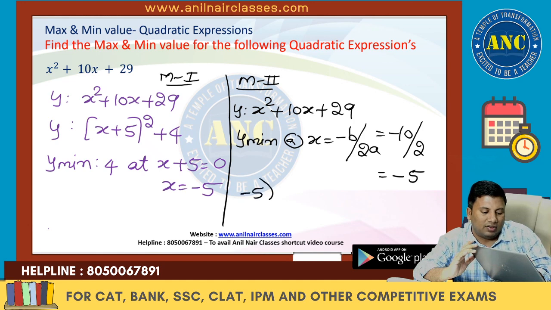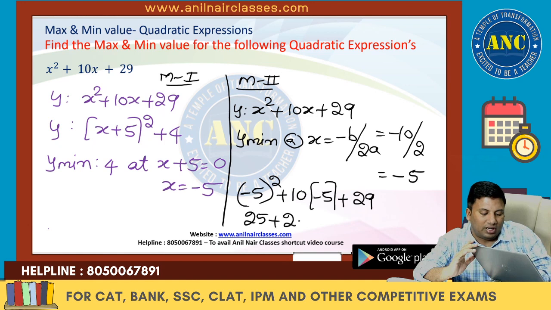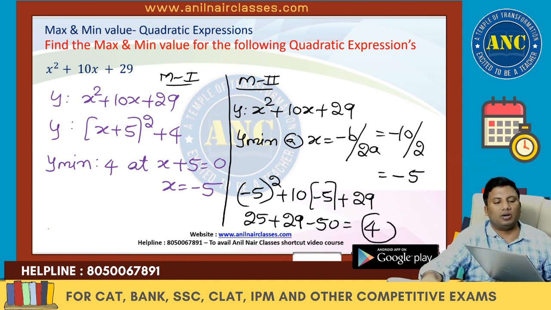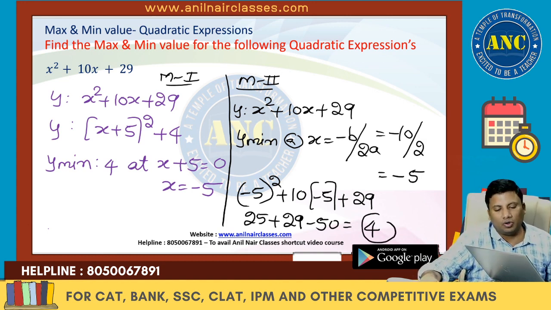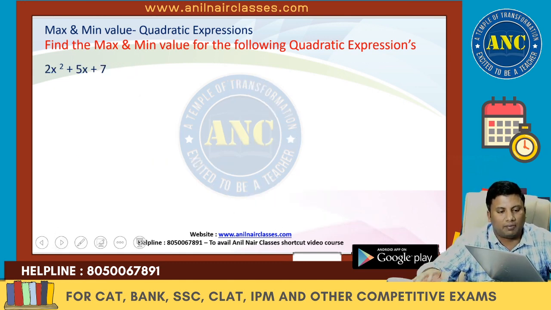What is the y minimum value? Substitute that x into the expression: 25 plus 29 minus 50. The answer is nothing but 4. Method 1 or method 2, you can do it with any method, and you will still get the same answer.